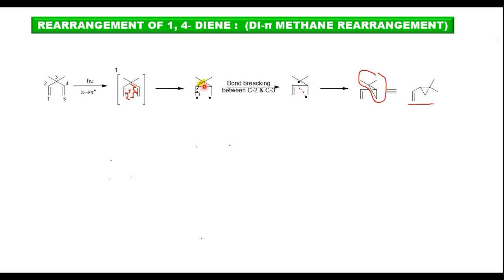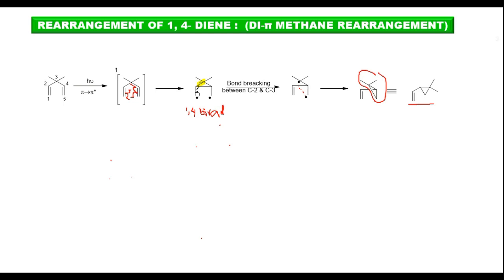So we get a single bond, a sigma bond. Now these radicals are formed. The formed species is called a 1,4-biradical intermediate.